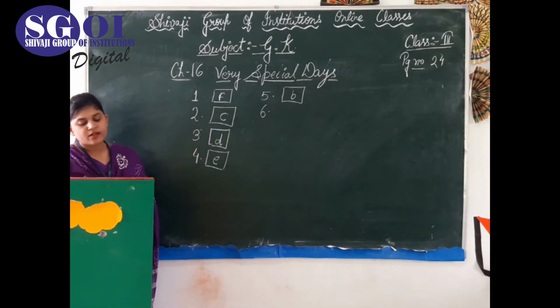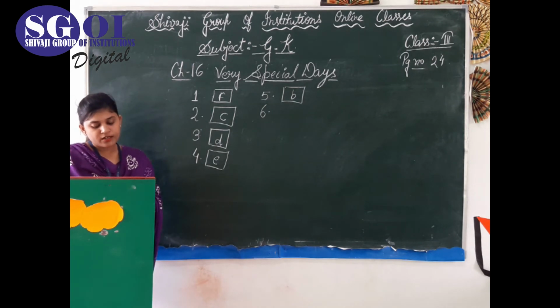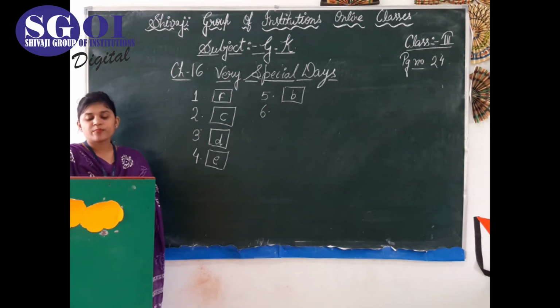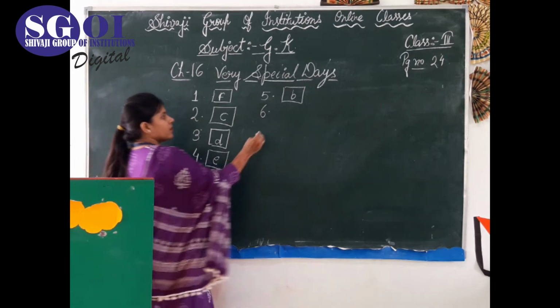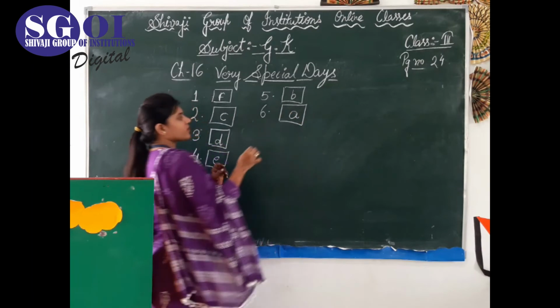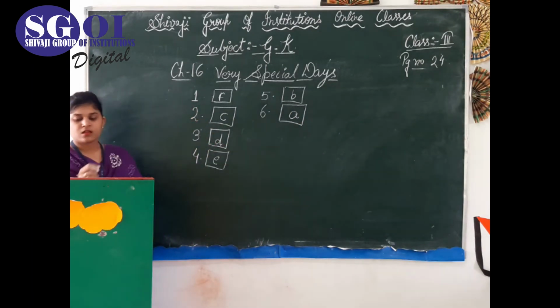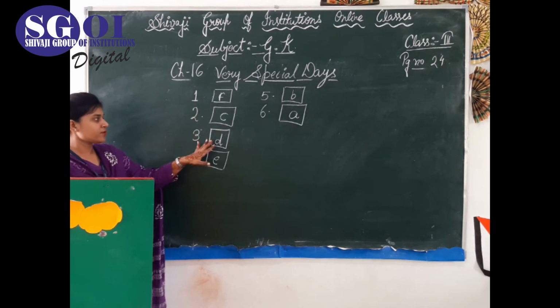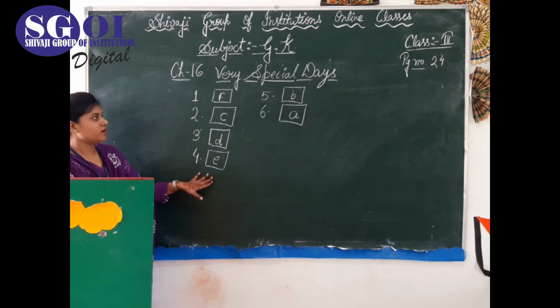And the sixth, this day is celebrated every year to commemorate the freedom India got from the British on 15th August 1947. Write here A. Independence Day. Alright? So like this, you have to write the correct option alphabet.